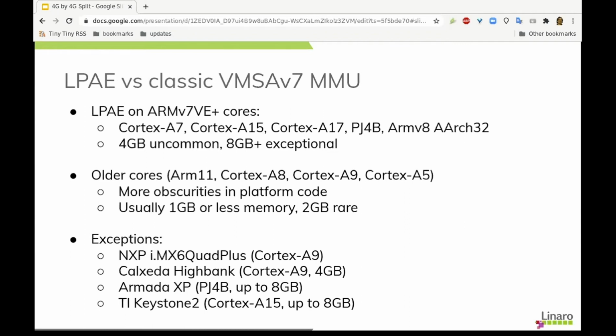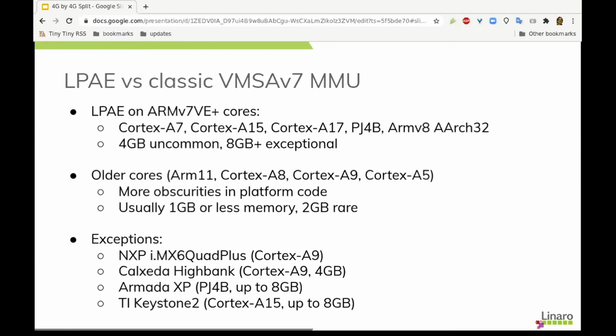So how do we actually implement it on the machines that we still care about, that are running 2 GB of lowmem and will have to be supported for a while? There are two different classes of machines that are still popular today. There's the classic, which is anything before ARMv7 plus the Cortex-A8, A9, and A5.